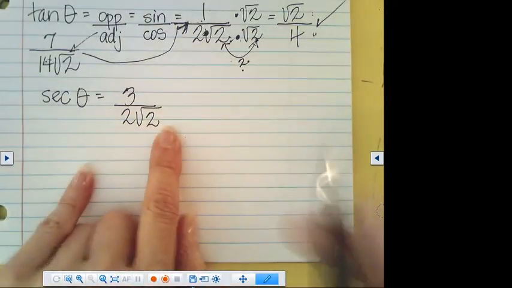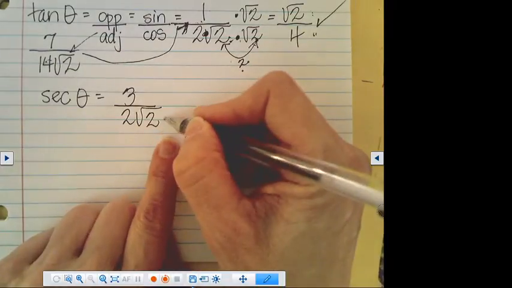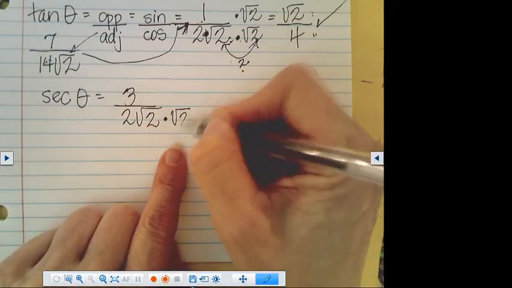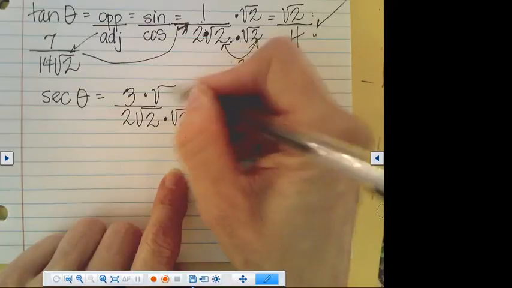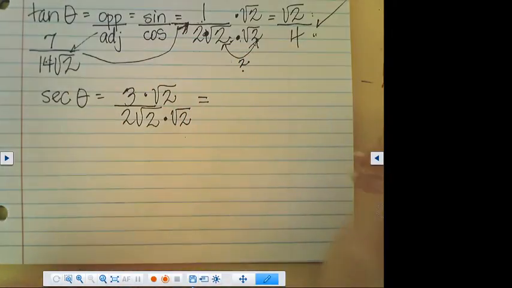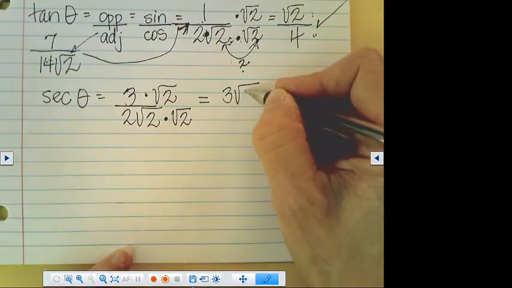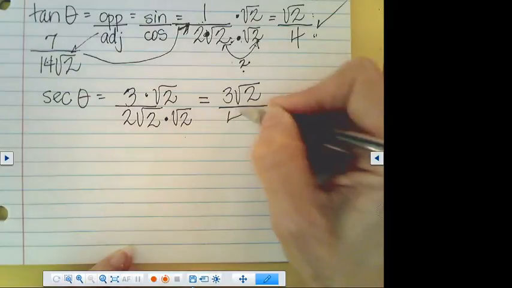And what have I got to do again? The same thing. So you rationalize your denominator by multiplying top and bottom by square root of 2. Can you give me this answer like, 3 square roots of 2 over 4? There you go, 2 square roots of 2 over, did you say 4?